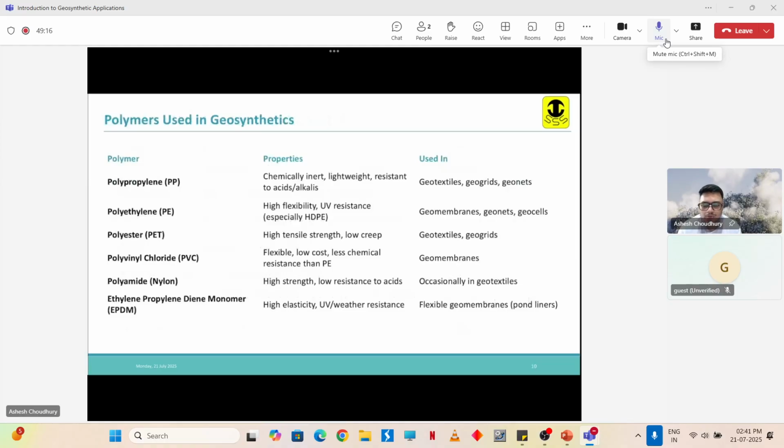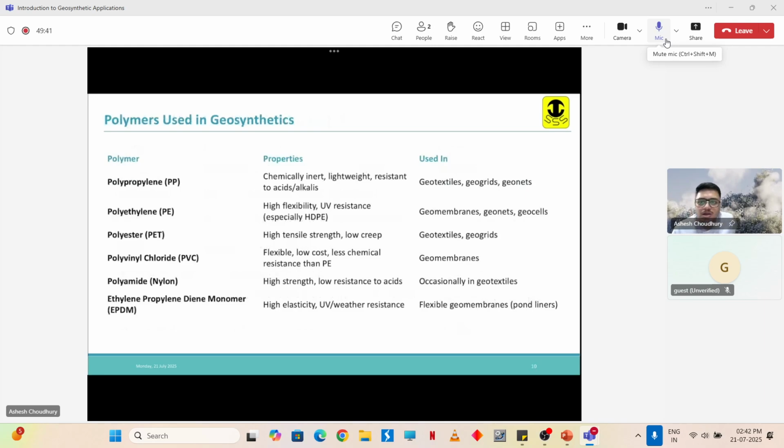What are the constituent properties of each of the polymers that make that geosynthetic? It is very important to know for quality control purposes. So please go through everything in Koerner's book. Everything is given in detail, so please read that properly and try to remember also.